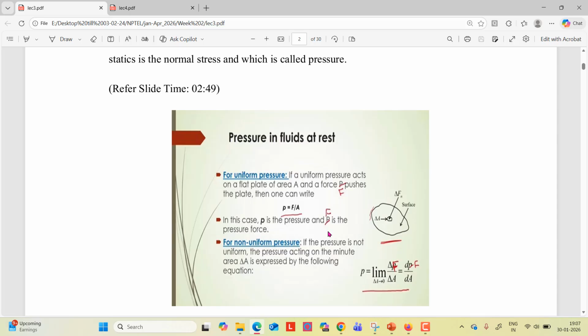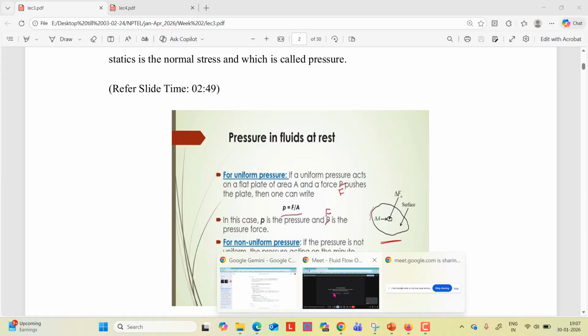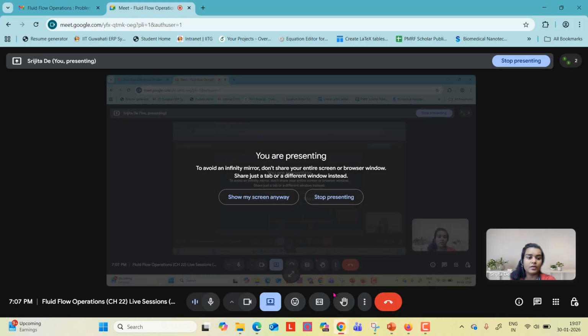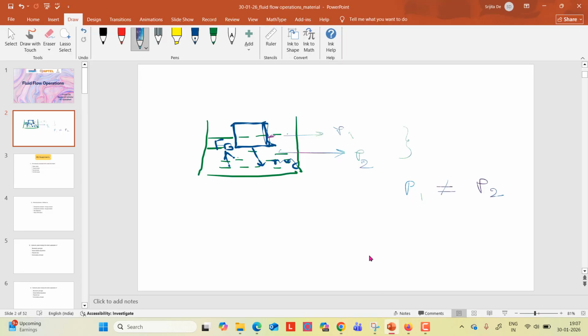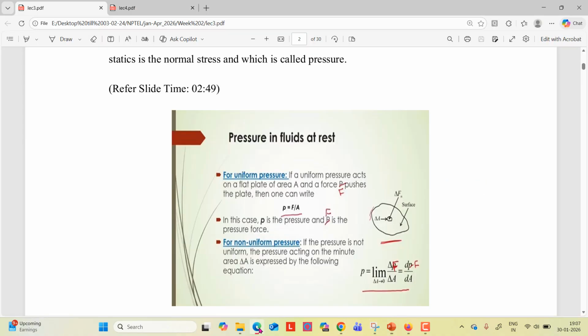So you can see pressure in fluids at rest. That means the fluid is not moving; fluid is at rest. How is pressure defined?